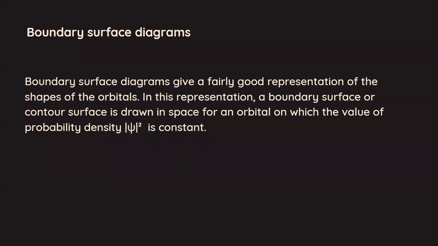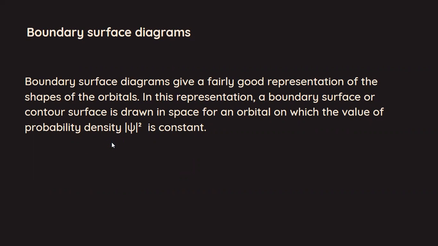Now, boundary surface diagrams. These are very important because they give us a basic representation of the shape of the orbital. Over there, the value of the probability density, that is psi square, is constant.